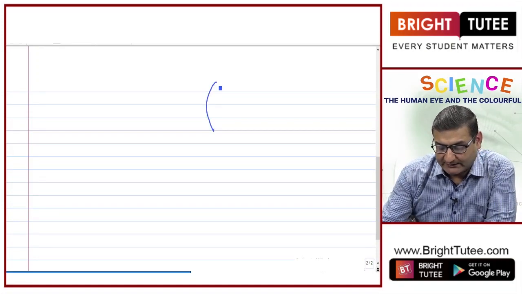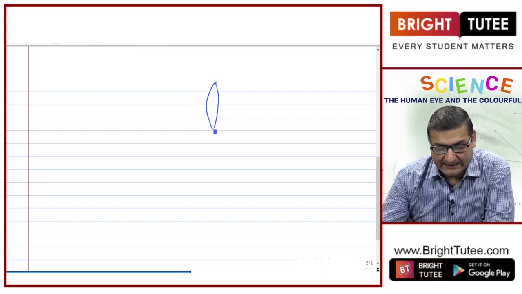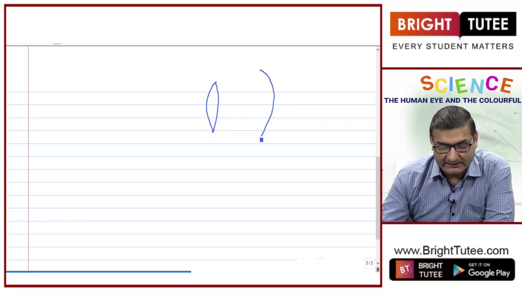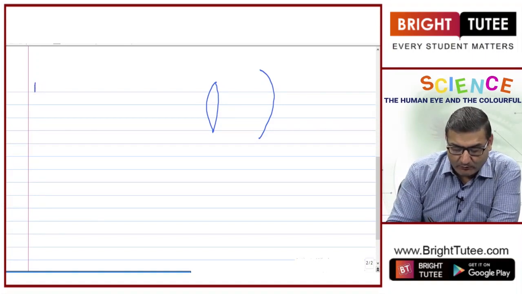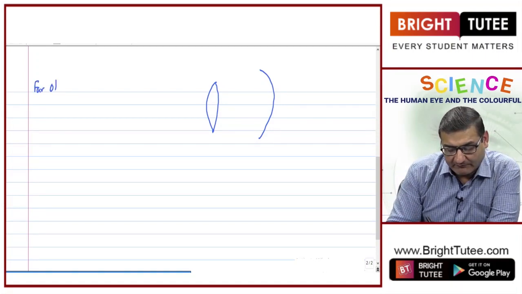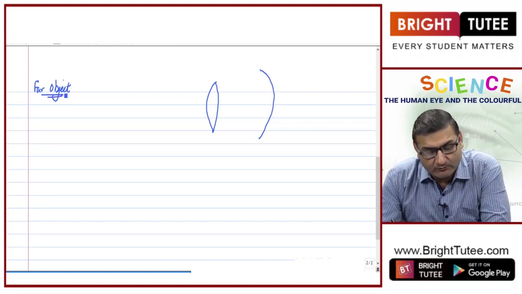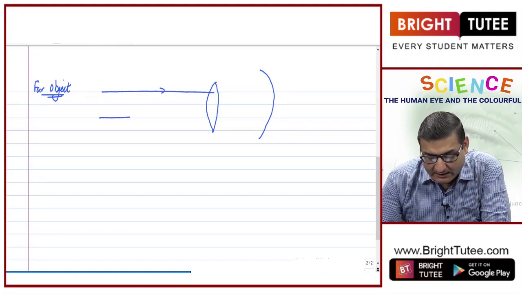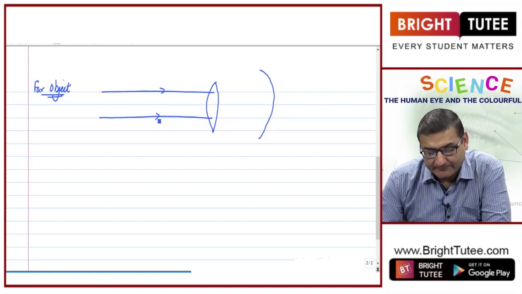Just take a hypothetical example that this is an eye lens, this is our retina. Now, if I am looking at a far object, then the rays of light are coming parallel to our human eye.